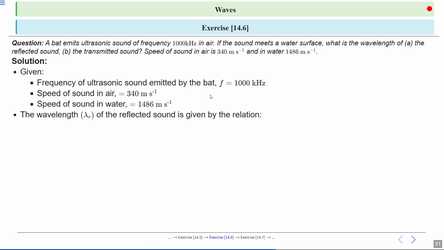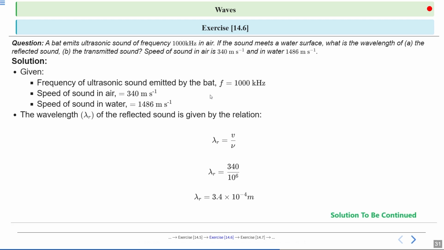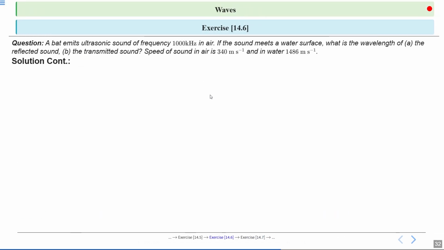The wavelength of the reflected sound lambda r is determined by the speed of sound and the frequency of the sound wave. So lambda r equal to v divided by nu. So just put the values, we will get the value of lambda r. So it will be 3.4 into 10 raised to the power minus 4 meter. Now frequency of ultrasonic sound nu equal to 1000 kilohertz.